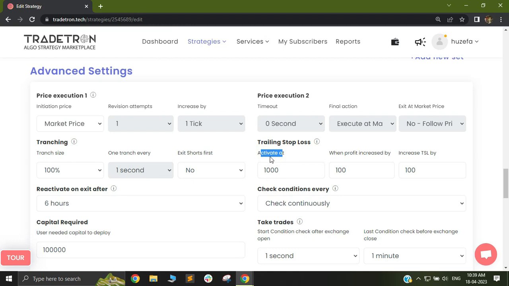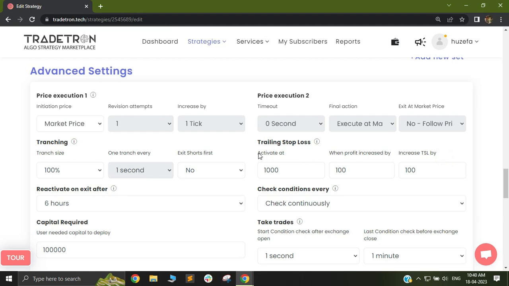Now after your activate at price, let's say your 1000 rupee profit has been achieved, even after that 1000 rupees, if there is another profit increase of, let's say, 100 rupees, which means that your overall profit has gone above 1100 rupees, in that case your trailing stop loss will now go from 0 to 100 rupees.